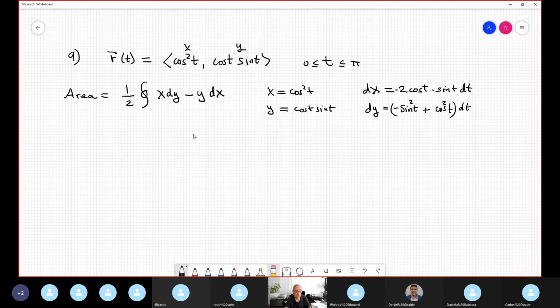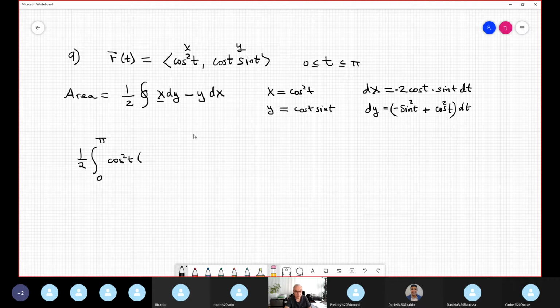Okay, entonces I set up the line integral 1/2 integral from 0 to pi, because when I do the parameterization, we can convert the line integral to a regular integral like in calculus. So you put cosine t, cosine square t, que es x. I do step by step.